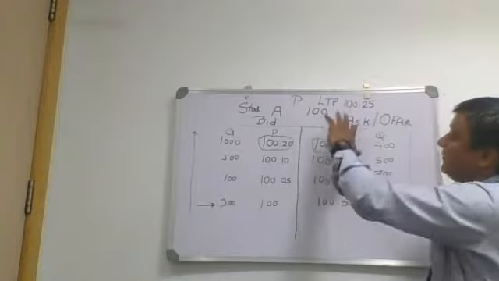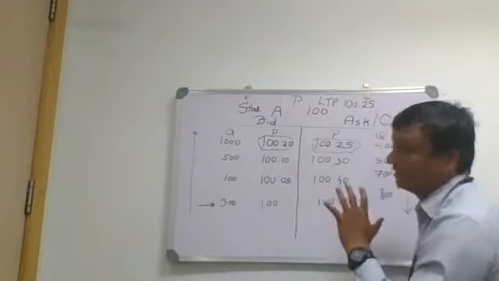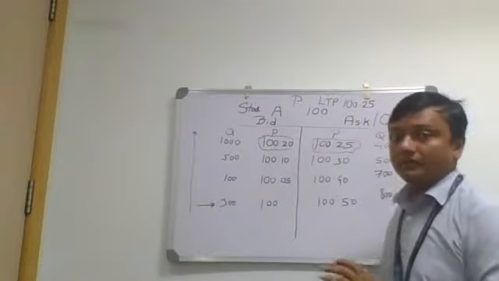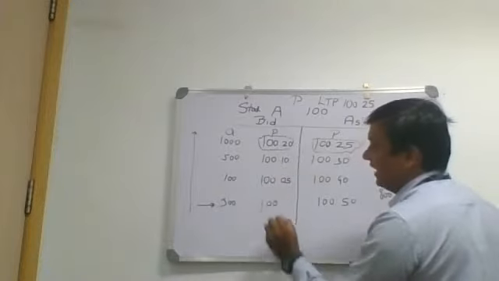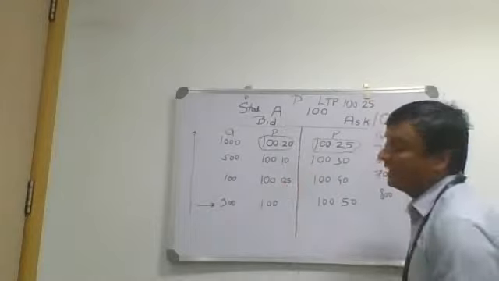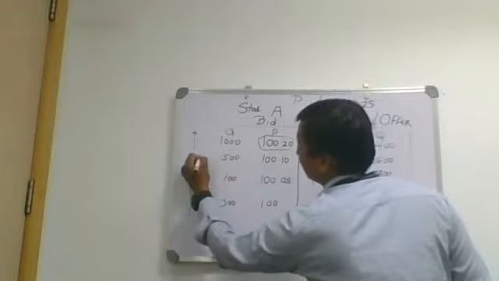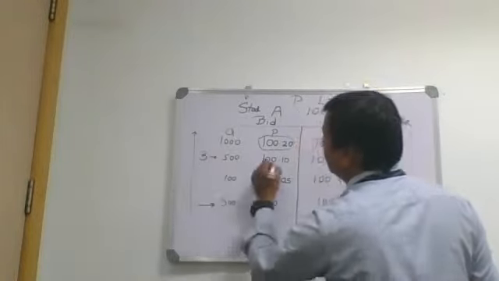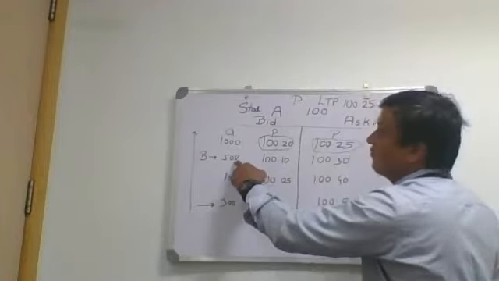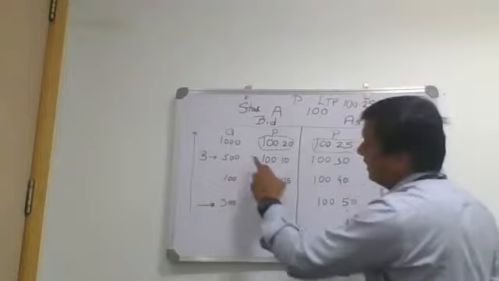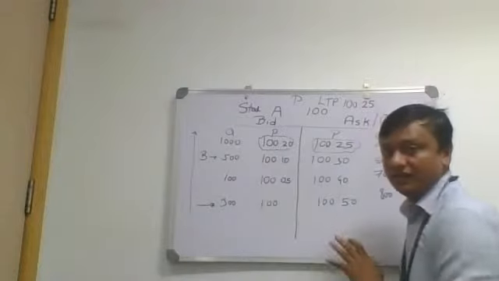Usually this last traded price is the executed order. Also, say if somebody wants to buy the stock at 100 rupees 10 paisa, say here, this is person B who wants to buy this at 100 rupees 10 paisa. He has placed an order for 500 quantity at 100 rupees 10 paisa.